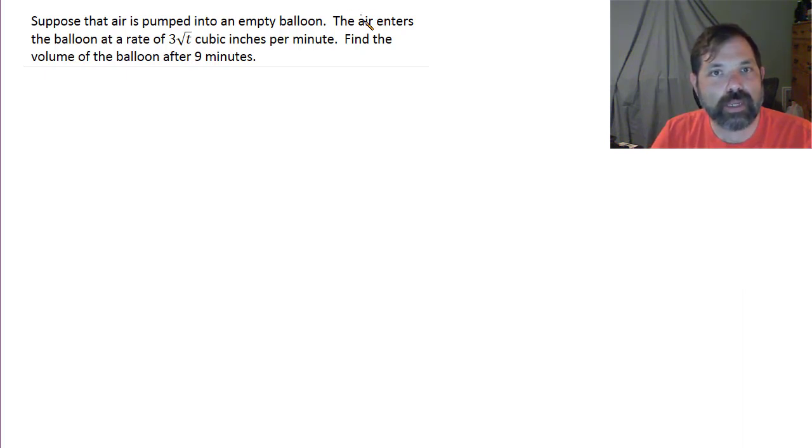All right, the air enters the balloon at a rate of 3 root t cubic inches per minute. The change in the volume is 3 root t cubic inches per minute. If we wish to find the volume of the balloon after 9 minutes, this is just an application of the net change theorem.